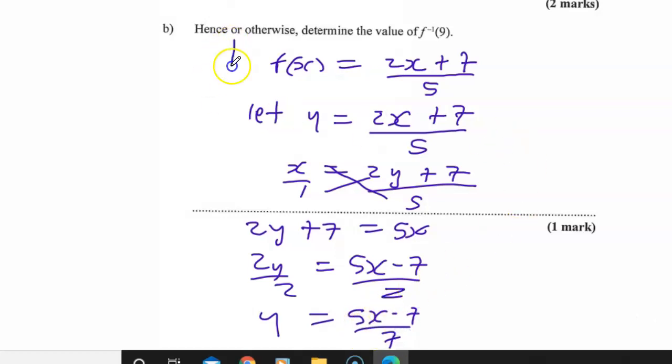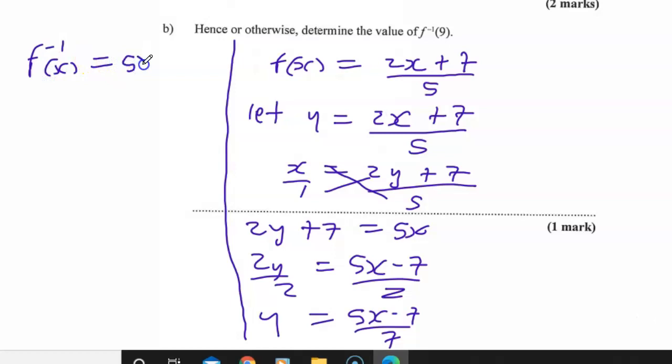Which means therefore that f inverse x is 5x minus 7 upon 2.